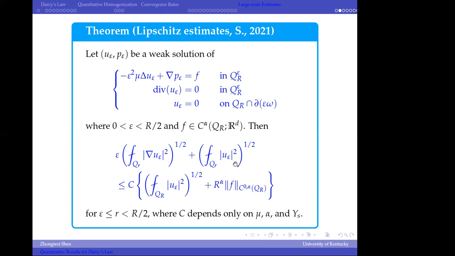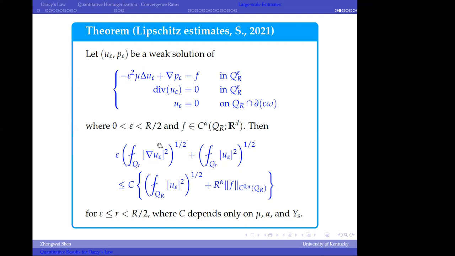Then the average of the solution on any Q little r is bounded by a constant times the average over Q capital R plus a term depending on the C alpha norm of F times the right scaling factor R to the power alpha.